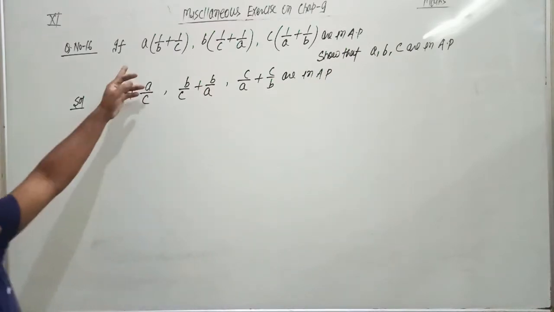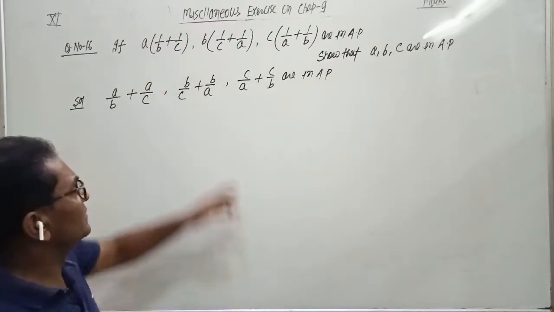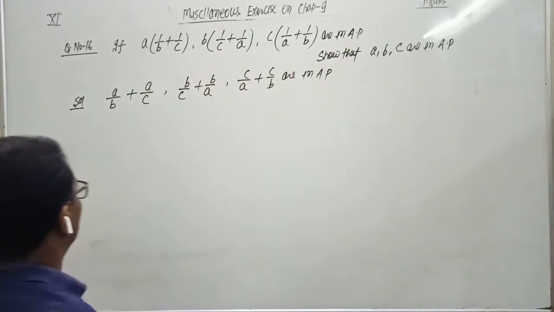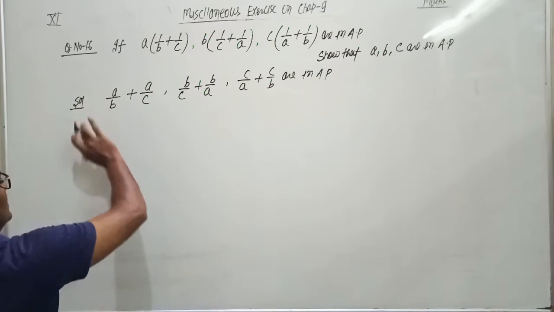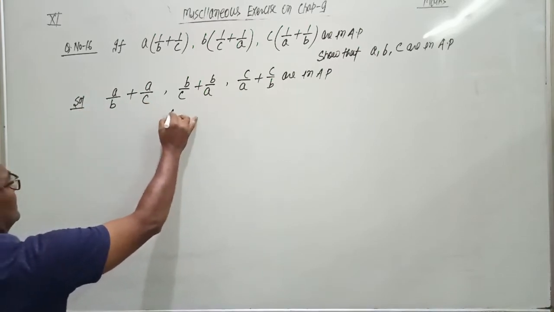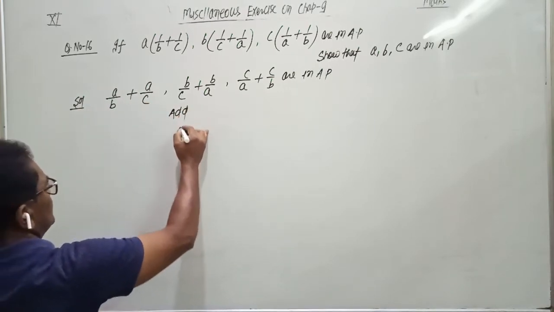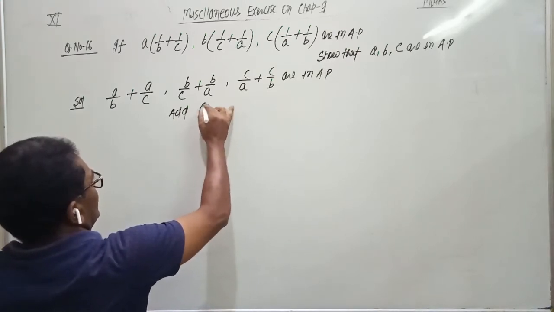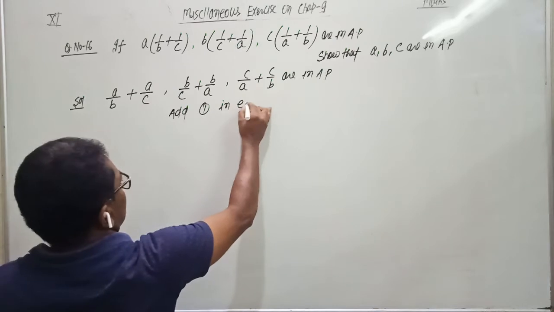We multiplied the corresponding terms. If these are in AP, then this also will be in AP. Then add 1 to each of these terms.